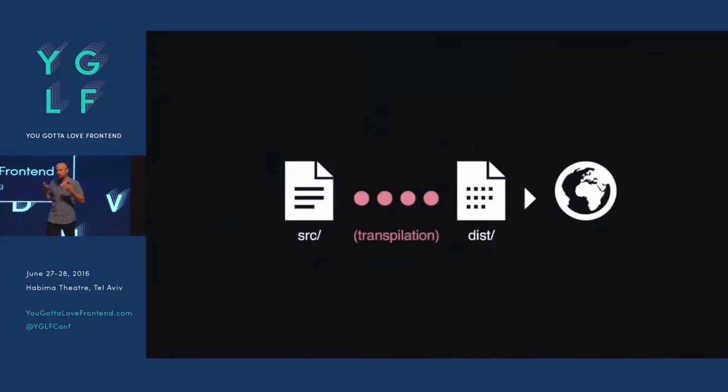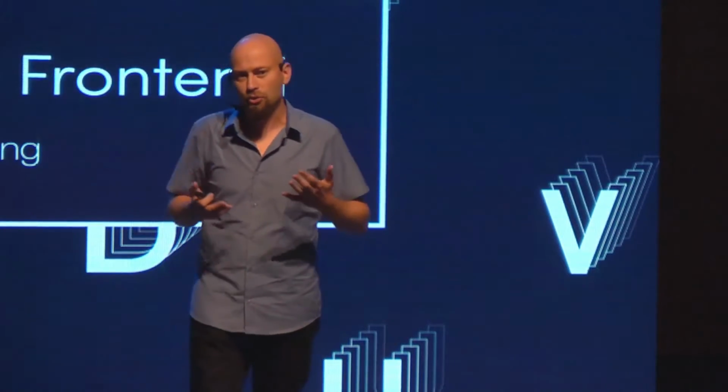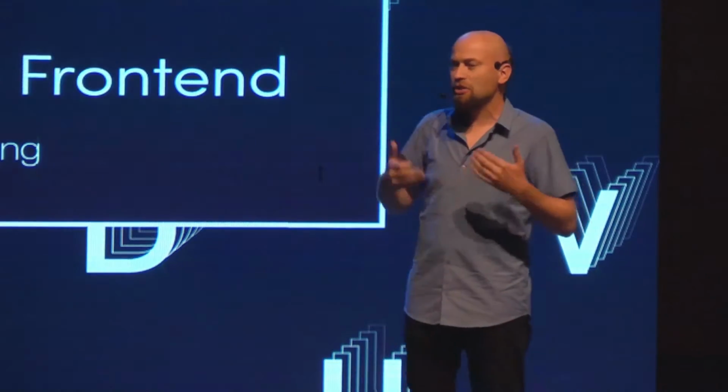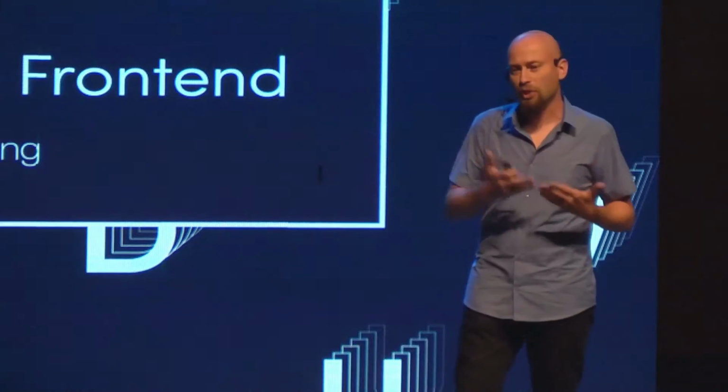Now, it's obvious that there is a gap, right, between the source that we write and the target which is actually executed in the browser. This gap is the very essence of transpilation, but it's also its major weakness. And everyone who tried to debug transpiled code probably knows what I'm talking about. You have this discontinuity between what you write and what you are executing.